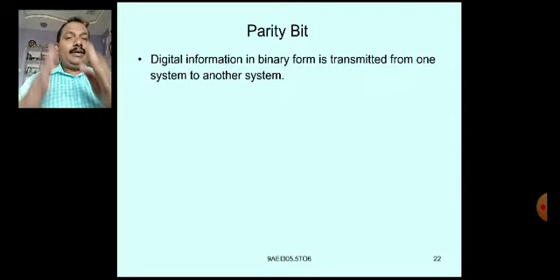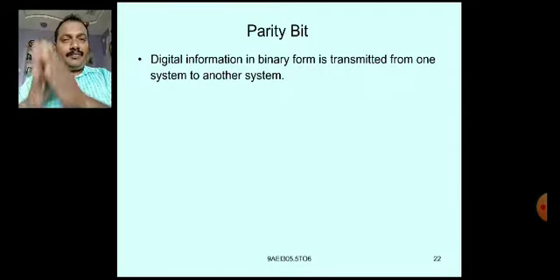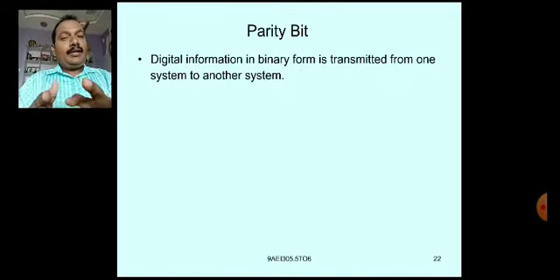Whenever data is transmitted from one computer to another computer, or in a network from one device to another device, a parity bit is essentially included, and additionally start and stop bits also will be included, so that we can detect the error and eliminate it.